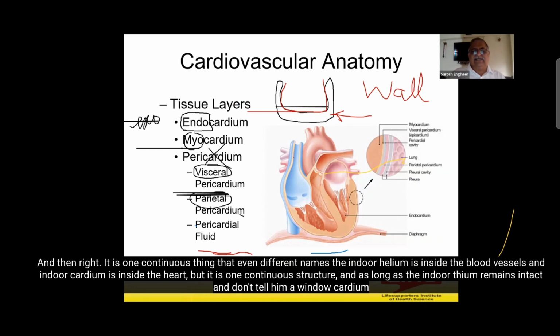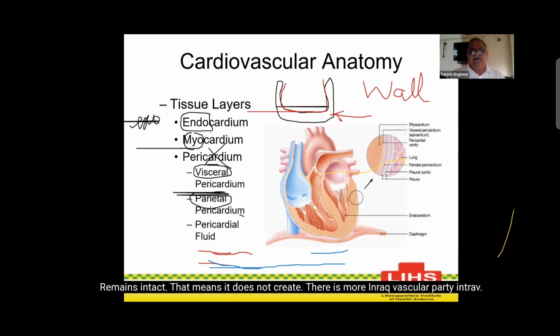And as long as the endothelium and endocardium remain intact, that means it does not break, there is no intravascular clotting. Intravascular clotting will not occur. This is very peculiar.